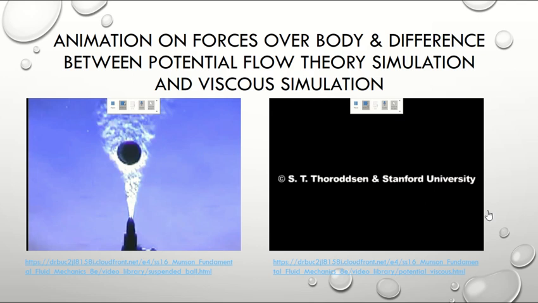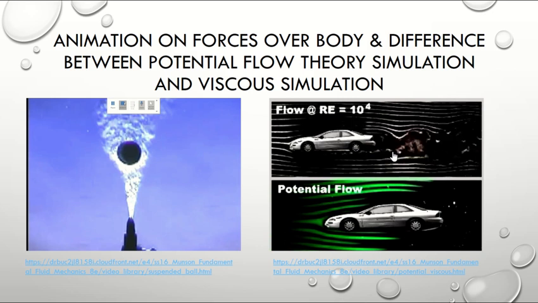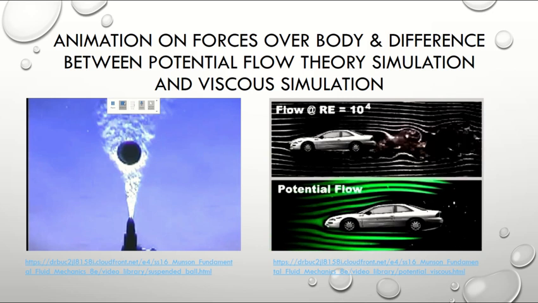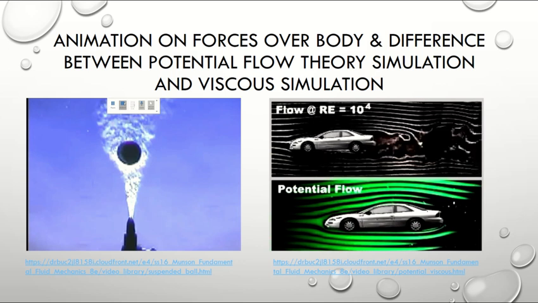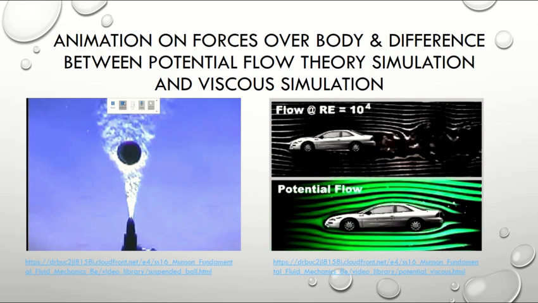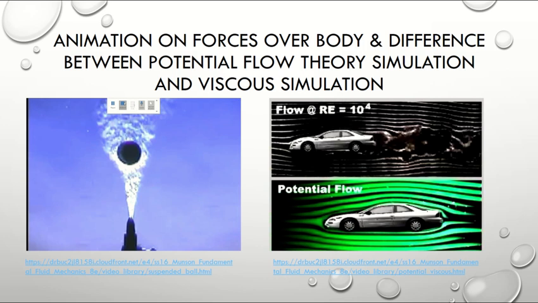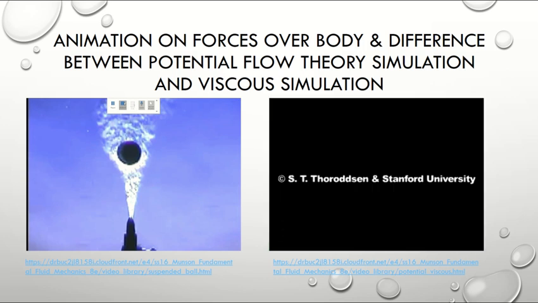So the two videos show streamlines past the same automobile. The video on the top shows streamlines for viscous flow past the car from a wind tunnel test, while the video on the bottom is from a Hele-Shaw cell, which mimics the potential flow streamline theory.